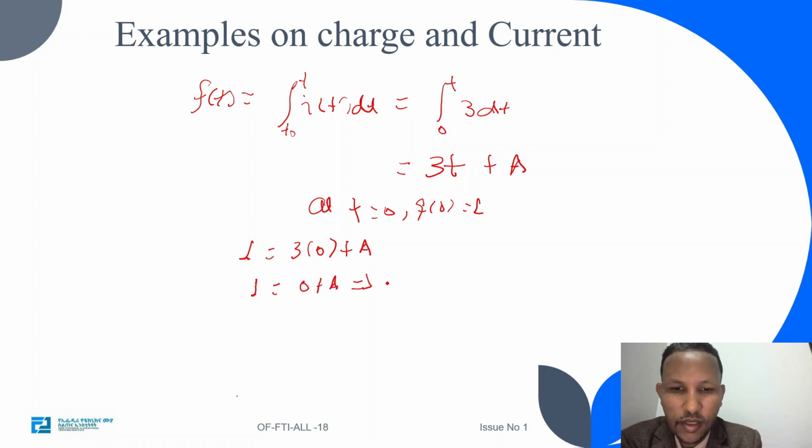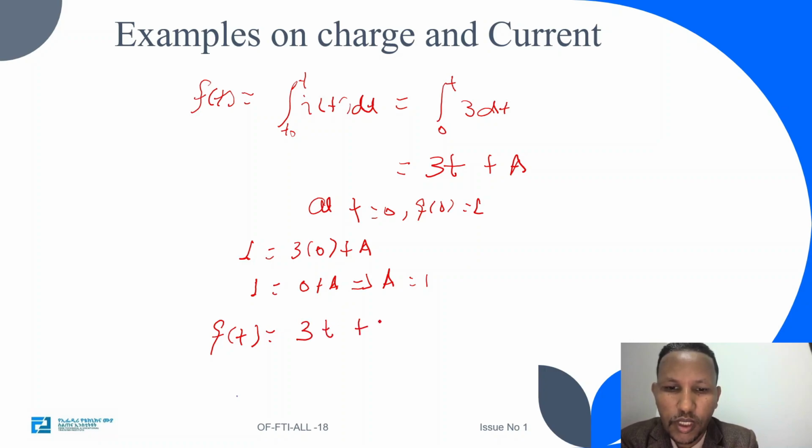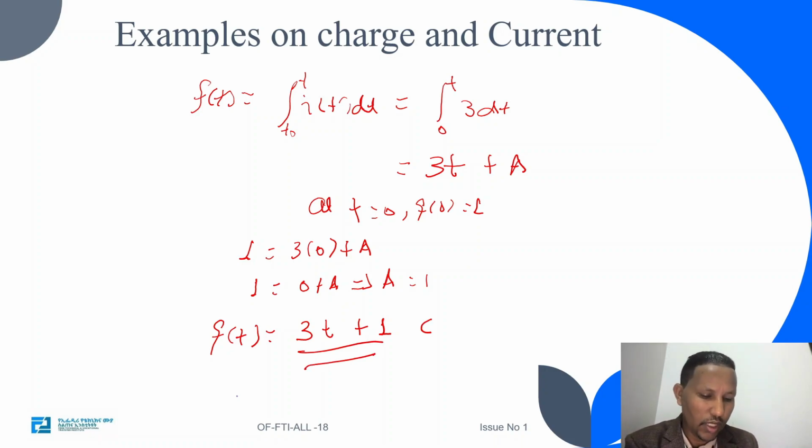So you have a equals 1. So Q of t equals 3t plus 1. This is the expression for the charge which is flowing through the element.